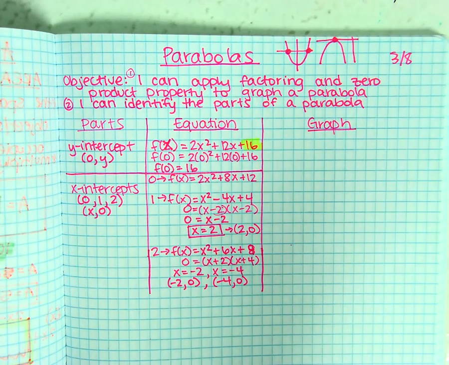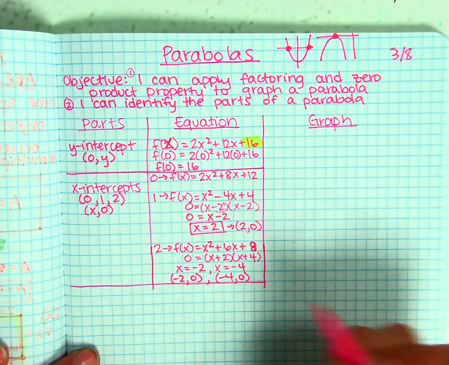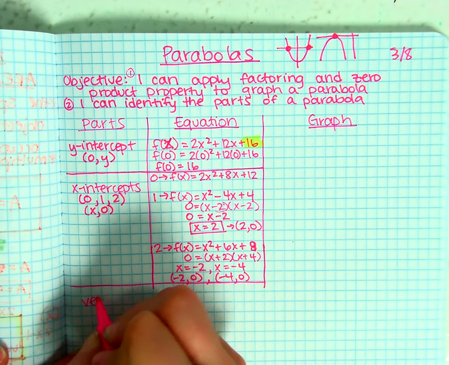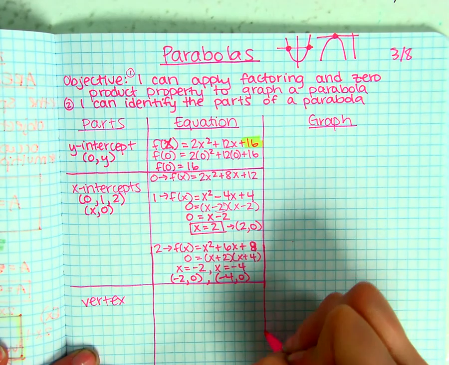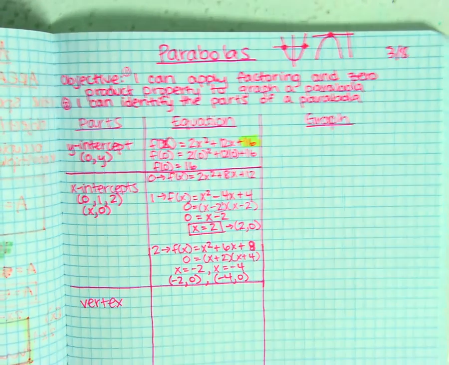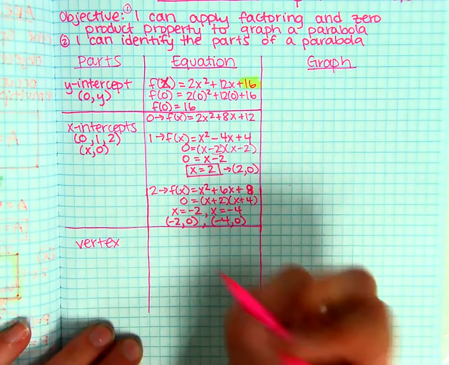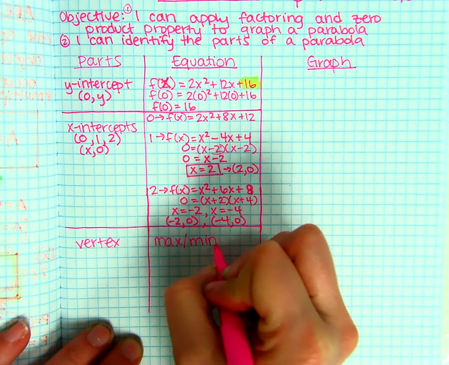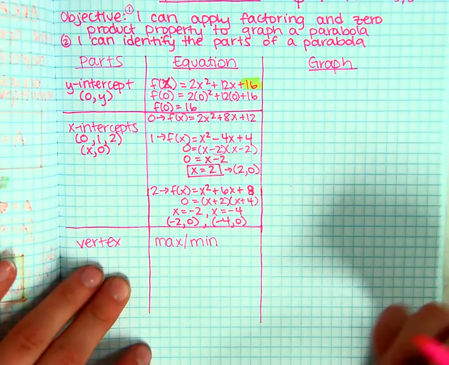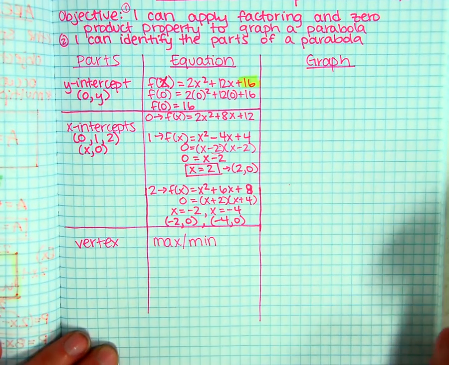Okay. Now we're going to talk about the vertex. The vertex of a function is also called the max or minimum. When we are looking at this, we actually have to plug in and solve for a certain value.